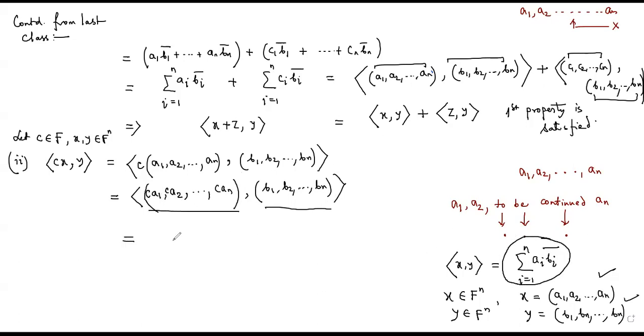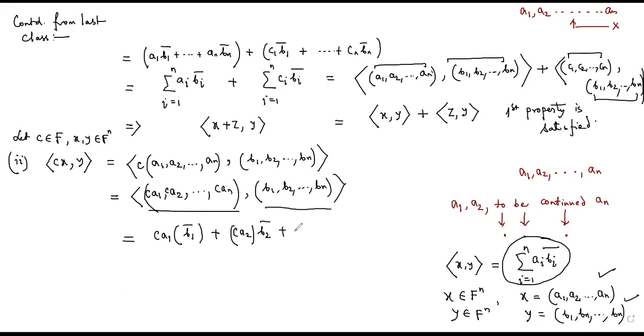By this definition, we take the first component of this vector, which is CA1, multiplying this by the complex conjugate of the first component of the second vector. We are taking the second component of vector x, multiplying this by the complex conjugate of the second component of the second vector, so B2 bar.